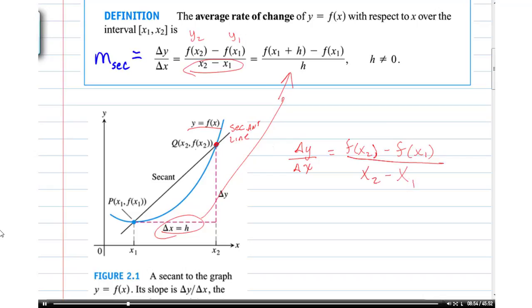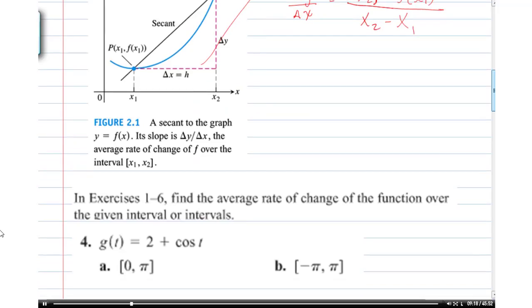But instead of writing x2 like this, we could have used this notation to say x2 is equal to x1 plus h, where h is this change right here, the difference from here to here. That whole thing is h. Any questions? Okay. Moving on then.